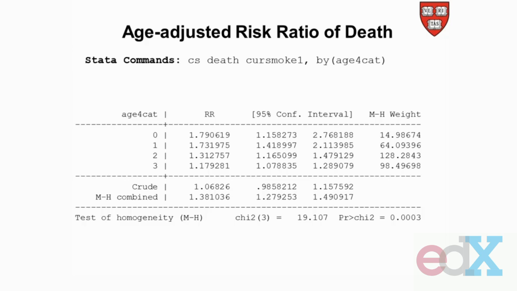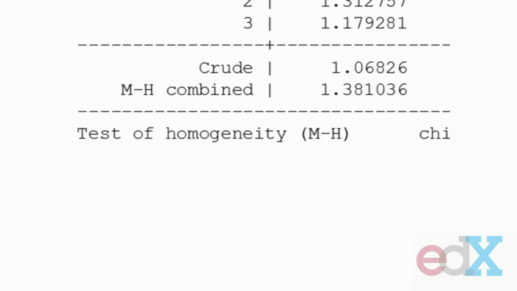So now we're back in PowerPoint, and this is the age-adjusted risk ratio of death. I have the commands that I used at the top if you're more comfortable using the command line than the drop-down menus like I showed previously. We can see that the output actually shows us the 4 different age categories. So we notice that we have 0, the people in the first age category.